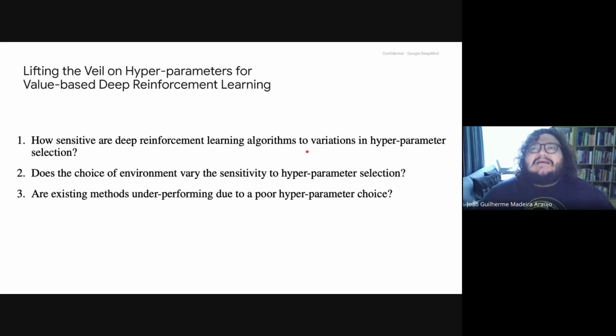Another thing is that in many situations, deep RL was very focused on the algorithms, but maybe you can't really talk about the general performance of an algorithm, since it changes significantly based on the environment. So we're looking at that. And the third was whether existing methods are underperforming because of poor hyperparameter choices.